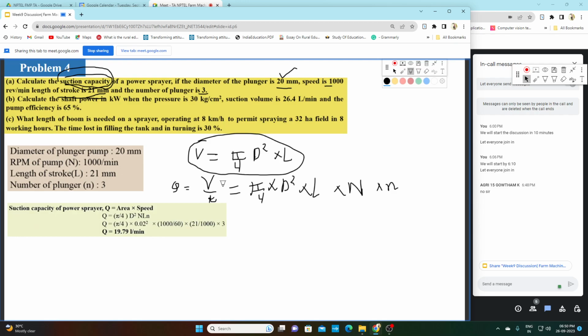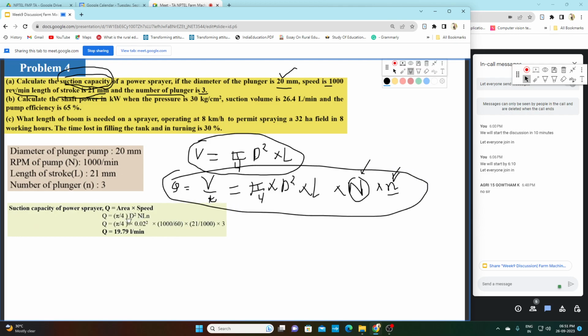We have not been given any time, but we have been given the speed, the RPM of the pump, that is capital N. So we have to multiply this volume by the revolutions of the pump, capital N, and also by the number of plungers, small n. Small n is the number of plungers and capital N is the RPM of the pump.